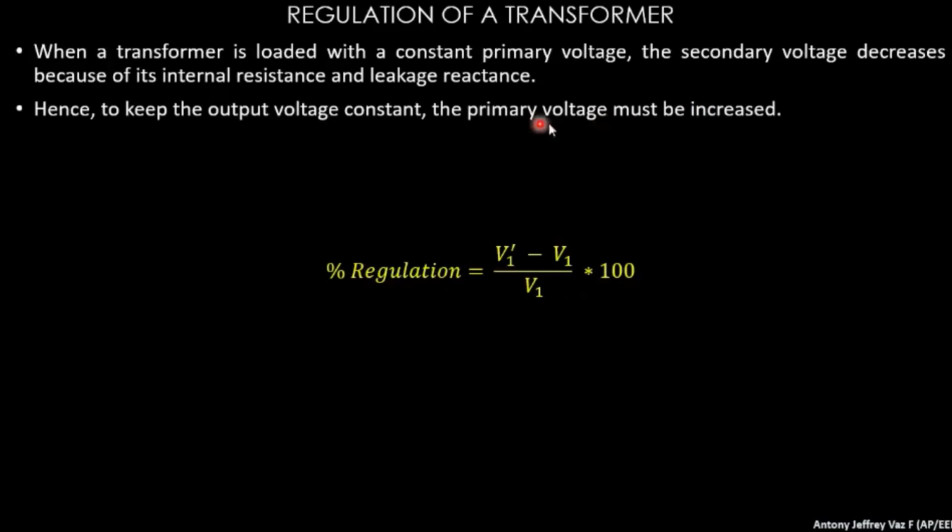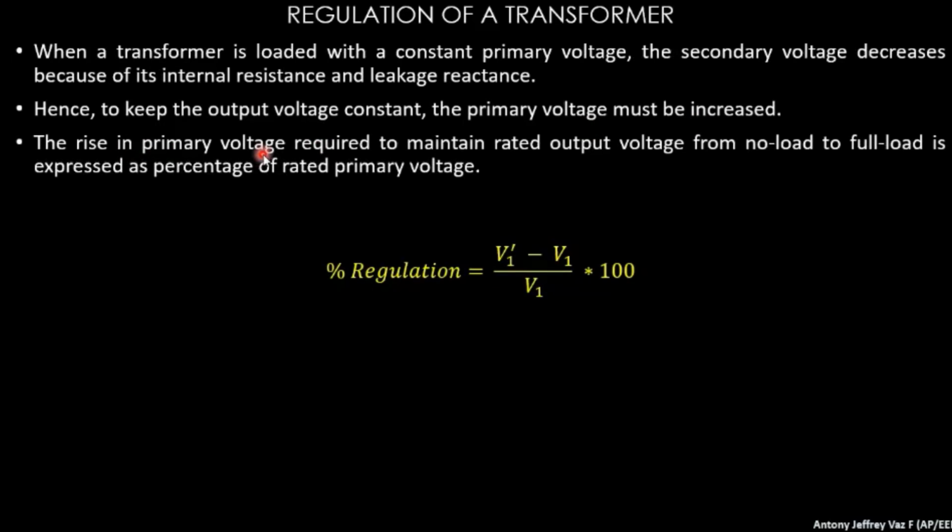You know that the output voltage is decreased irrespective of the primary voltage. To get the required output voltage, you need to increase the primary voltage to compensate for the loss.